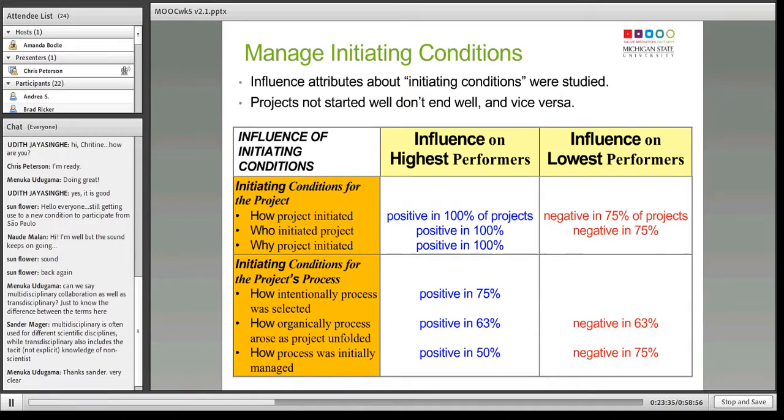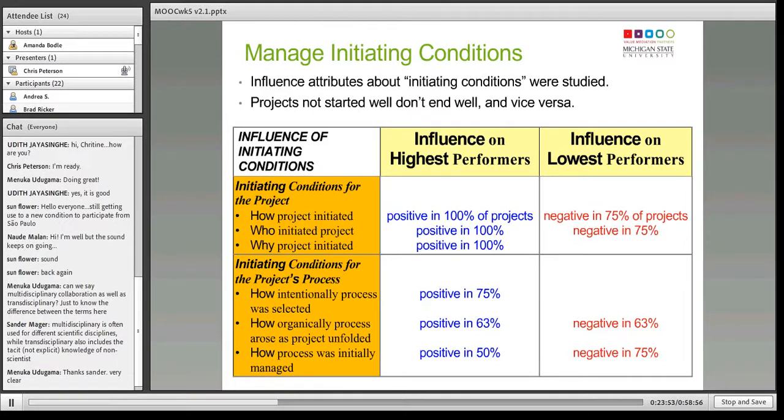Now, it turns out that the initiating conditions for the project's process itself tended to also be important, but the correlation here wasn't as strong as in the first category of how the project itself got initiated.